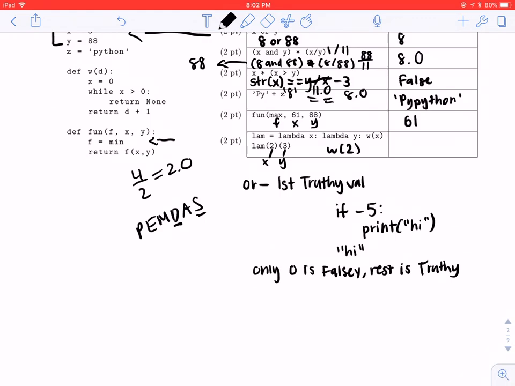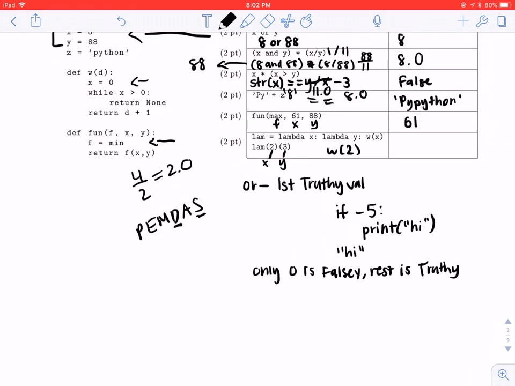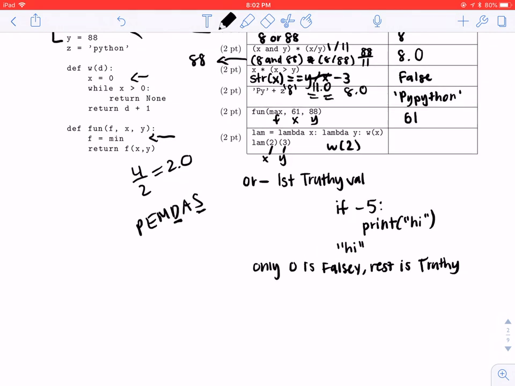Over here at w, we see that x is assigned to 0, and then it says while x is greater than 0, return none. Well, we just assigned x to be 0, so it's not greater than 0, and we just return d plus 1. And d was 2, which we passed in over here.